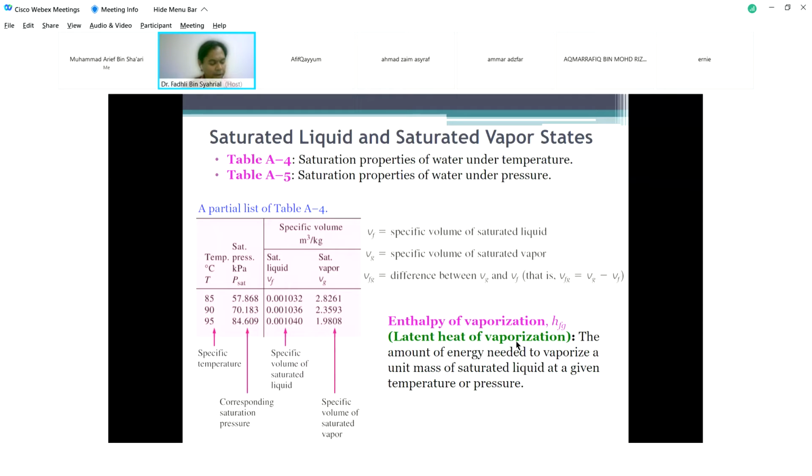That's why in table A4, the first column is temperature. Shown in my slide as well. The first column here is temperature, meaning that temperature is constant here. That's why it's stated here specific temperature.